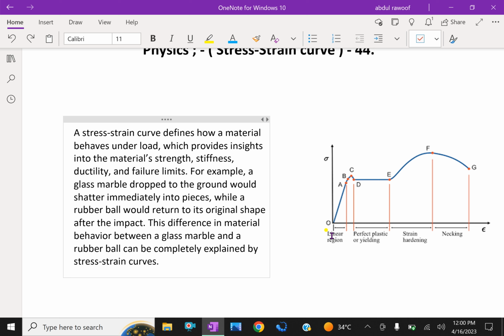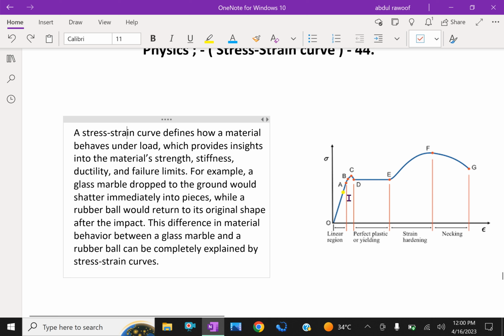The point B in the curve is known as the yield point, also known as the elastic limit, because after this point it won't obey Hooke's law. The corresponding stress is known as the yield strength of the material.